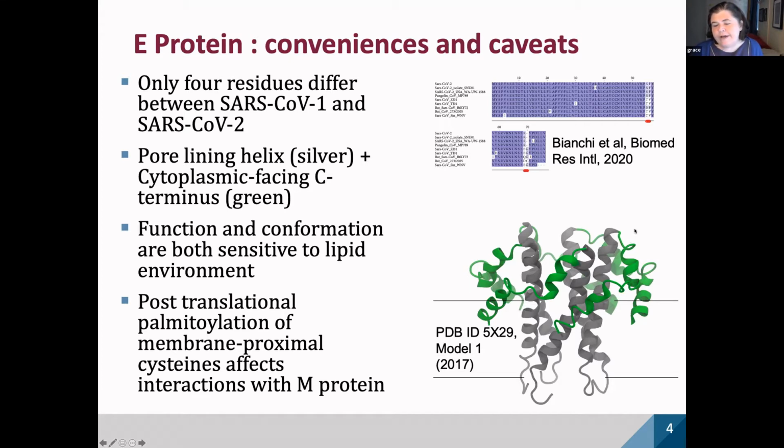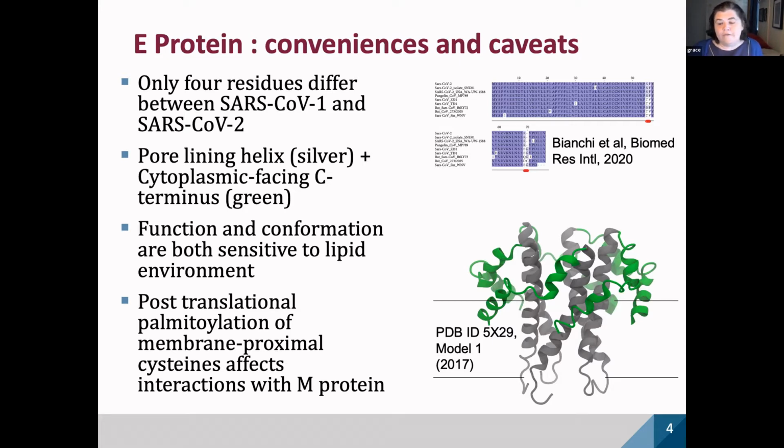And what we know is that the pore lining helix has this sort of interesting relationship with the membrane, where the pore lining helix on its own is about the right size for the membrane, kind of, but then we have this terminal helix shown in green, and that terminal helix ends up causing a bunch of questions and problems, and how it interacts with the membrane is unclear. I've tried to draw lines right here to show where you would expect the membrane to lie, but you will see a little bit farther in the talk, it's not a very straightforward question.